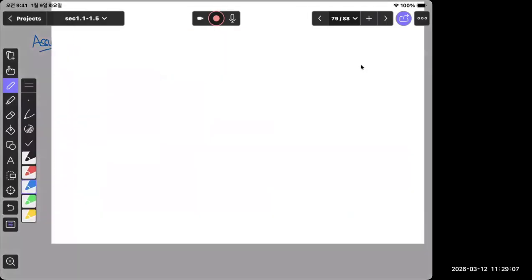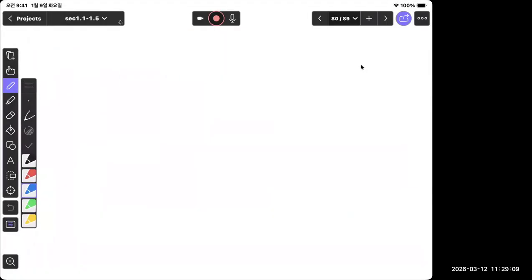Now, what about the converse? Suppose that one vector, say u1, is a linear combination of, say, u2 up to un.